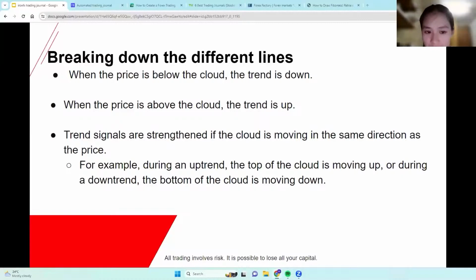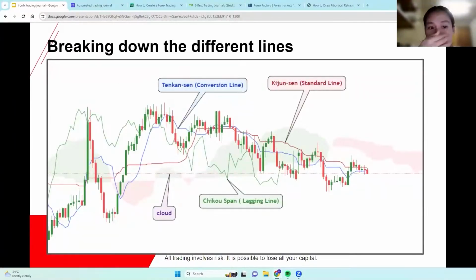Let's break down the different lines. We have the Tenkan-sen or conversion line, which is the average of the highest high and the lowest low over the past 9 periods. The Kijun-sen or baseline is the average of the highest high and lowest low over the past 26 periods.